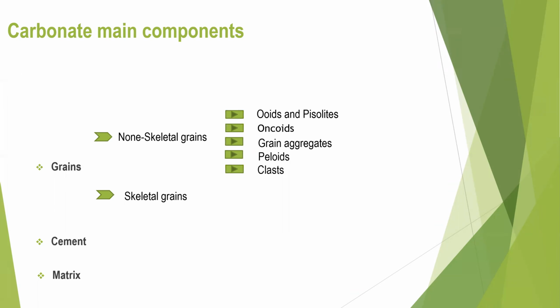Most of them are intraclasts, but we have some grains, such as quartz grains, that we call extraclasts, and we have skeletal grains. We also have cement, which fills the porosities, and we have matrix.